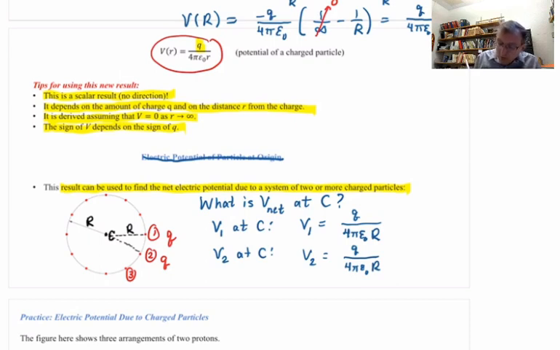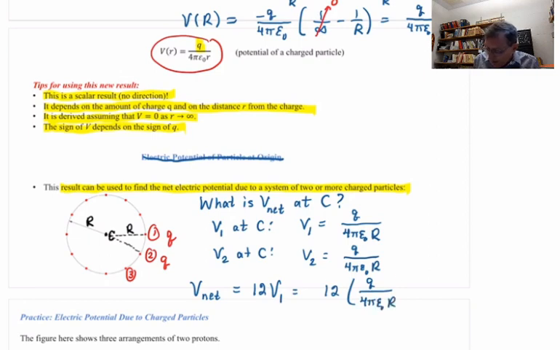Count them. So the V net is simply 12 times the V from any one of them. 12 times Q over 4 pi epsilon 0 R, which happens to be 3Q over pi epsilon 0 R. And that's what you get.